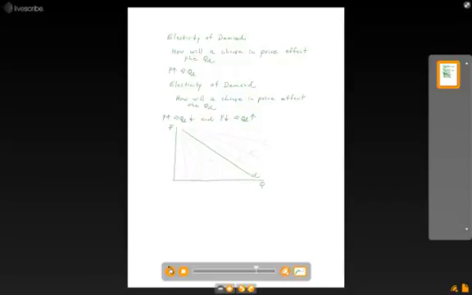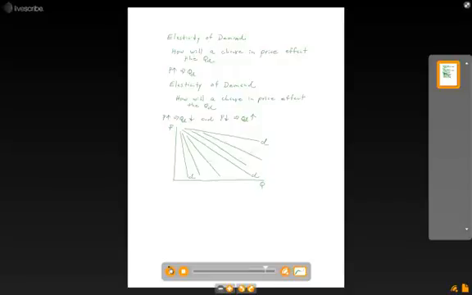But if we agree that that is a downward sloping demand curve, then we must also agree that this is a downward sloping demand curve, and this is a downward sloping demand curve as well. And of course, there are many other demand curves that you could draw that are downward sloping as well.